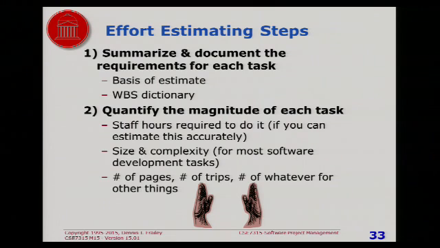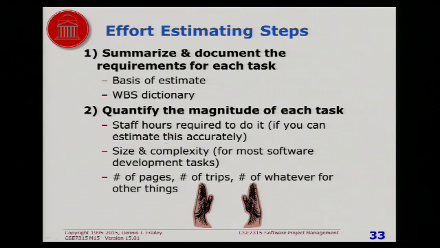Now, when we talked about the work breakdown structure, we talked about the basis of estimate and the work breakdown structure dictionary, which are ways of helping you document what each task consists of. But they're not the only way. Maybe you already know. Maybe one of the tasks is write the code for the driver or something. And you know what that entails. You don't need to write it all down and spell it all out. That's okay, as long as you know what you're supposed to do.